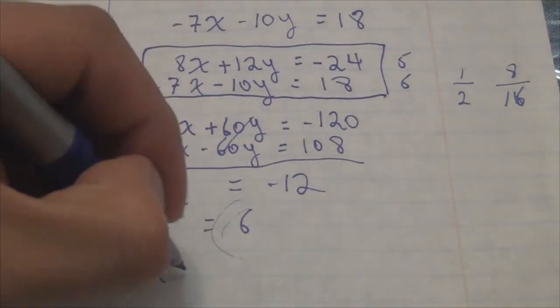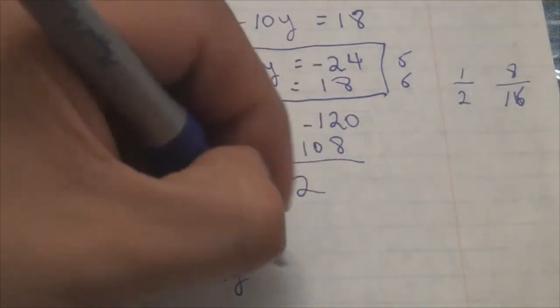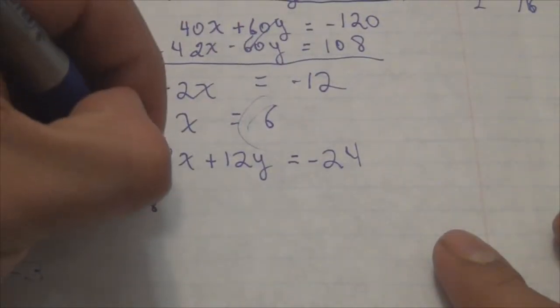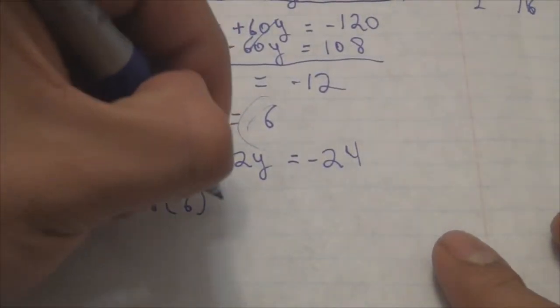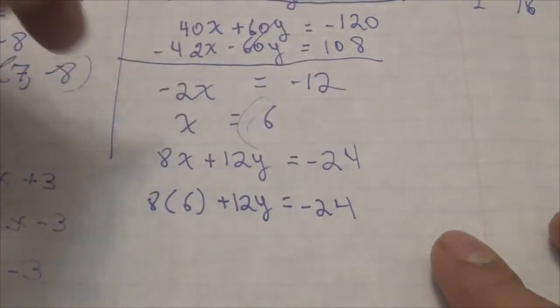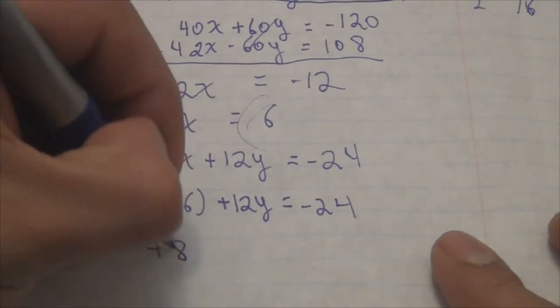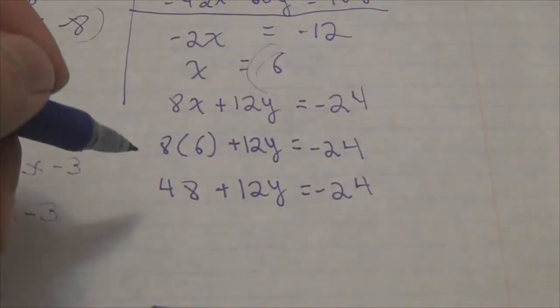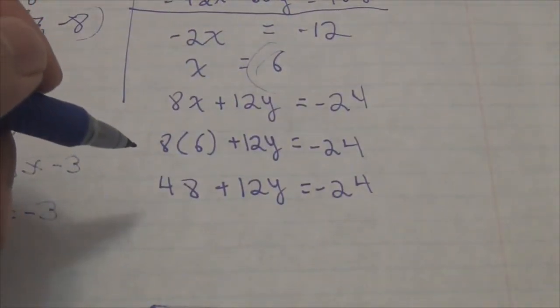8x plus 12y equals negative 24. So 8 times 6 plus 12y equals negative 24. 8 times 6 is 48, plus 12y equals negative 24. Subtract 48 from both sides, and what do you get?